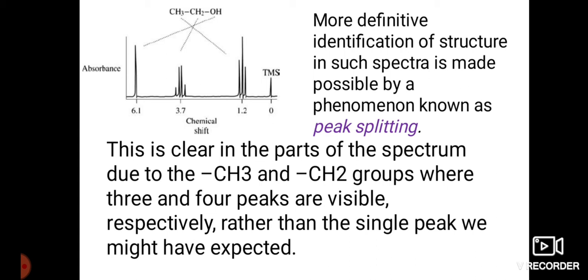You can see there is one single peak for the hydrogen attached to oxygen, 4 peaks for CH2, 3 peaks for the CH3, and TMS is considered to have a single peak.